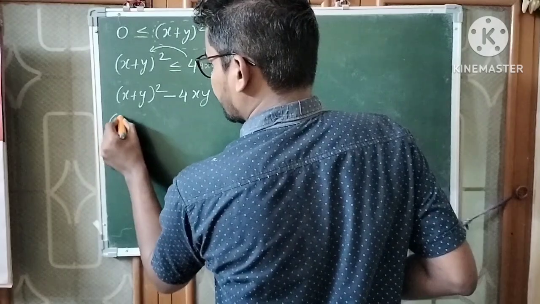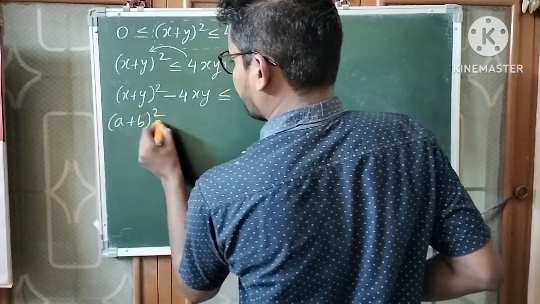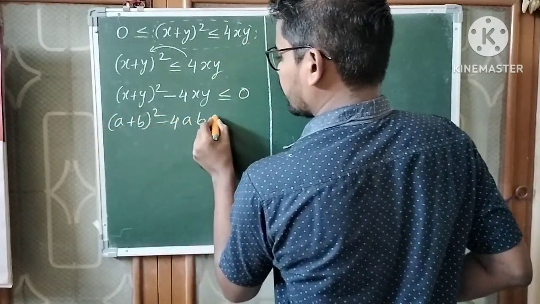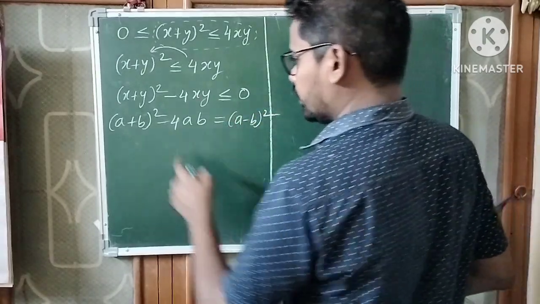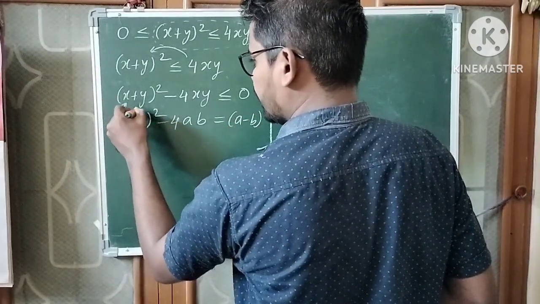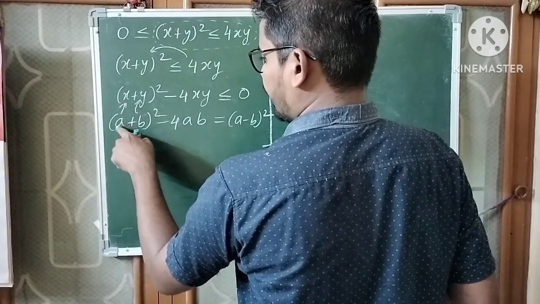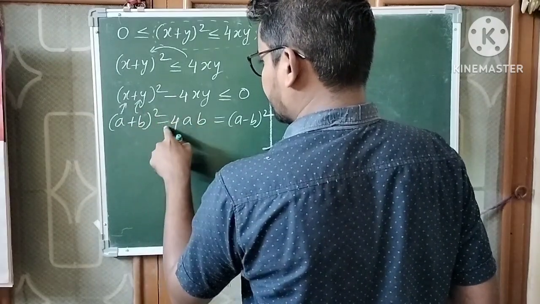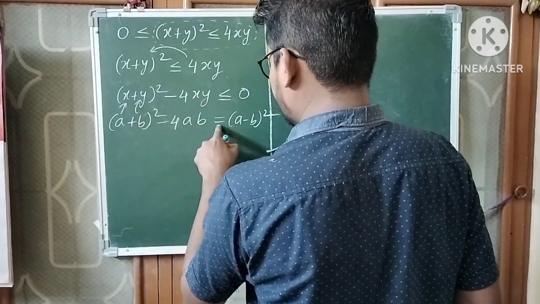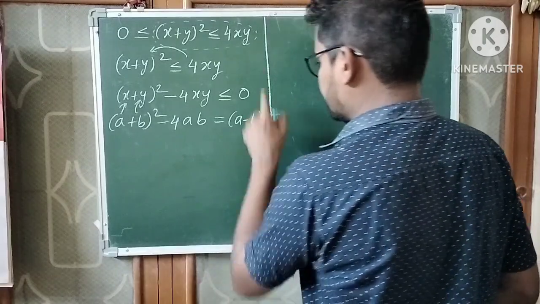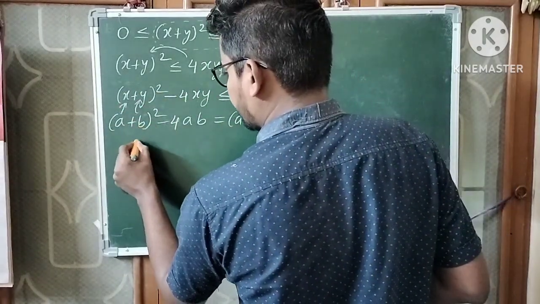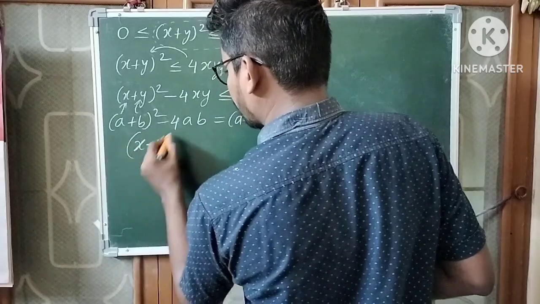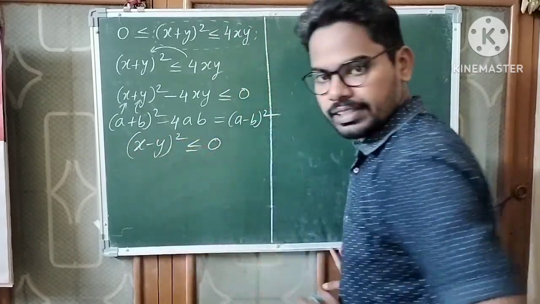We have an identity: (a plus b) whole square minus 4ab is equal to (a minus b) whole square. Similarly, replace a by x, b by y. (x plus y) whole square minus 4xy is equal to (x minus y) whole square. In place of this expression, we can write (x minus y) whole square less than or equal to 0.